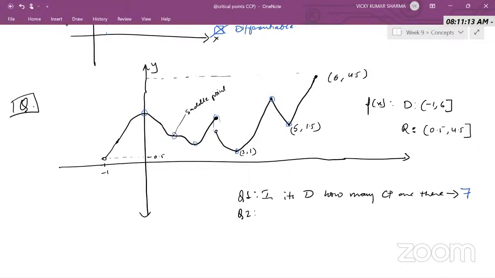Do you have any doubt here? How to calculate the number of critical points? This particular thing which I'm discussing with you was asked in the end-term exam, and it is one of the blue colored questions.